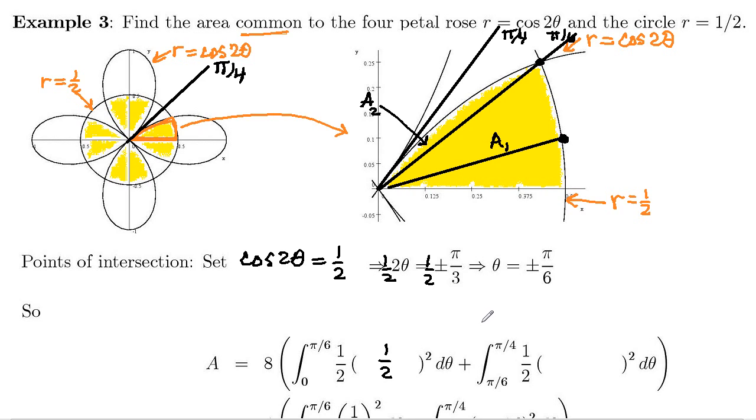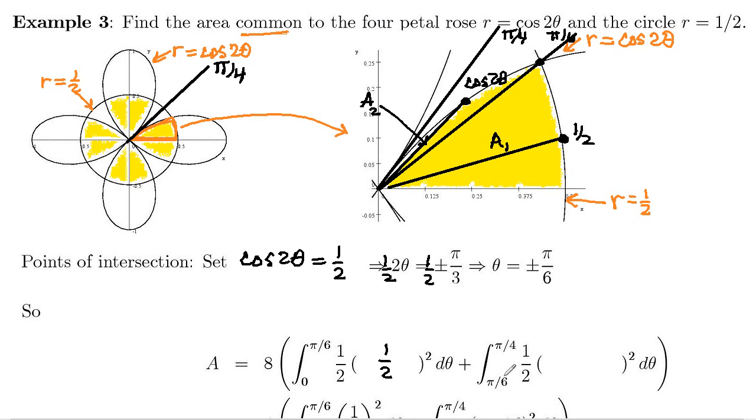And then integral from pi over 6 to pi over 4, our radius is cosine 2 theta. So if we draw a general radial segment in that region, it looks like this. The endpoint gives the radius or the length of the segment, which is cos 2 theta. This is 1/2.